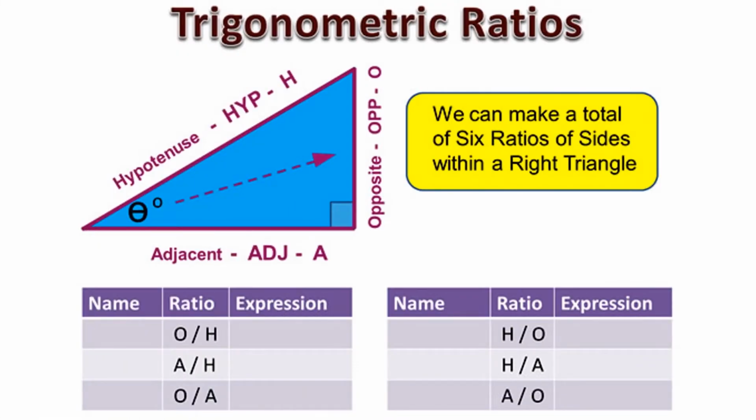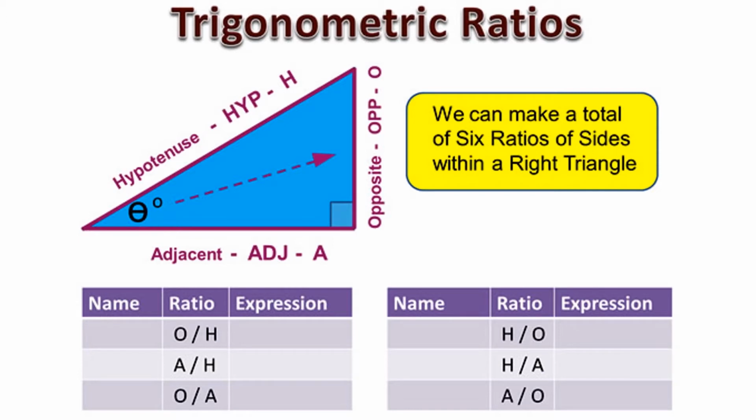Now trigonometric ratios. We can make a total of 6 ratios of sides within a right triangle. Each one is given a name and an expression.